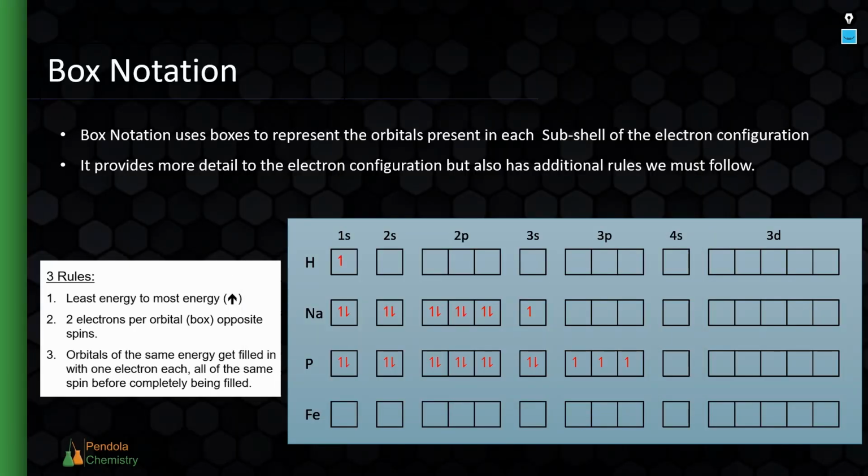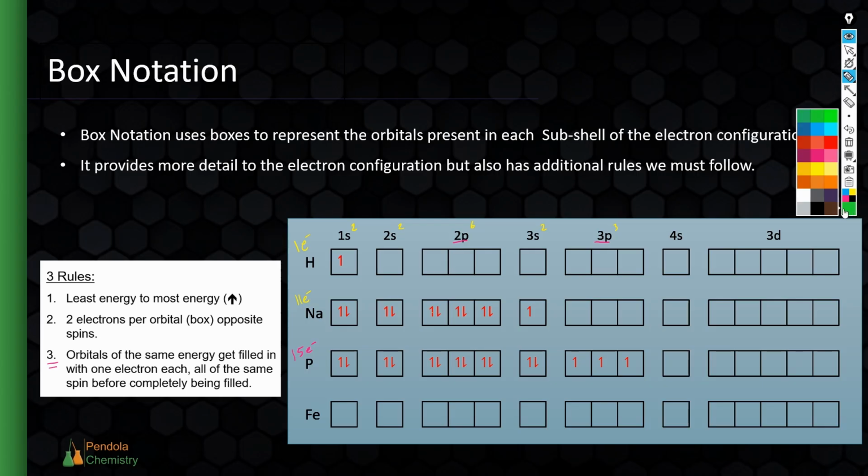Again, we're going to do this a very similar way that we did before. We're going to grab our 26 electrons. Let me do this in a different color. We'll use red. So we're going to have 26 electrons for iron.